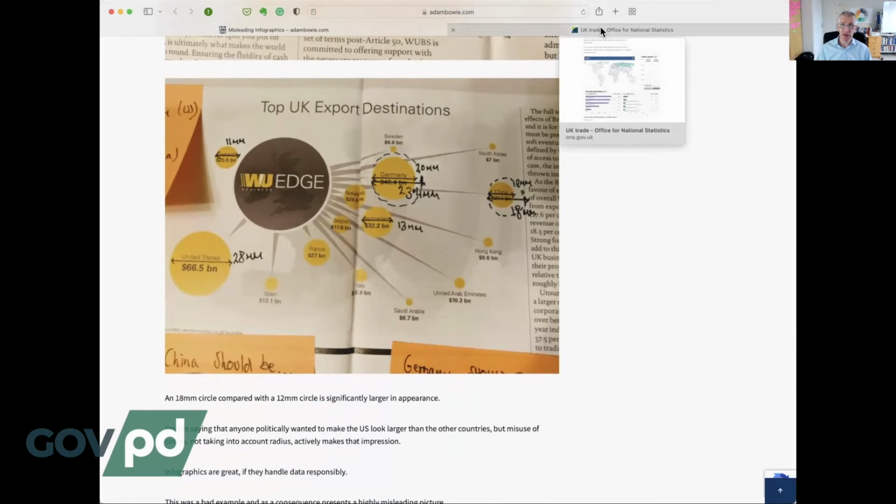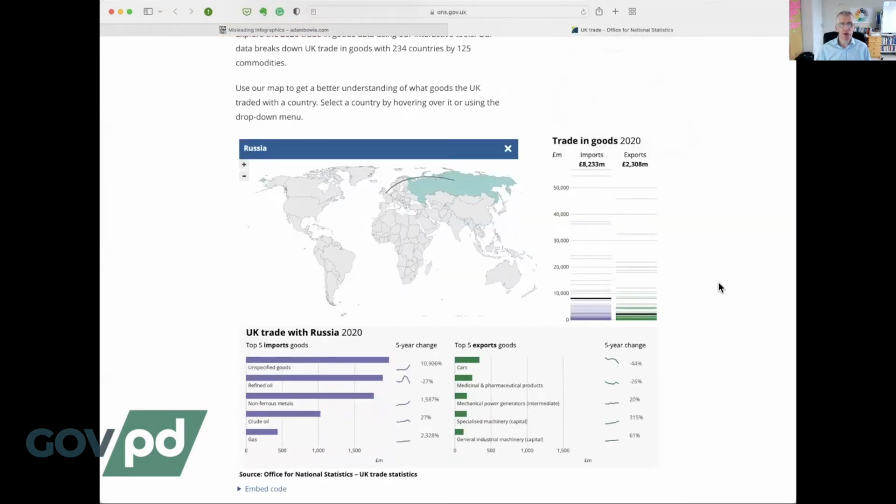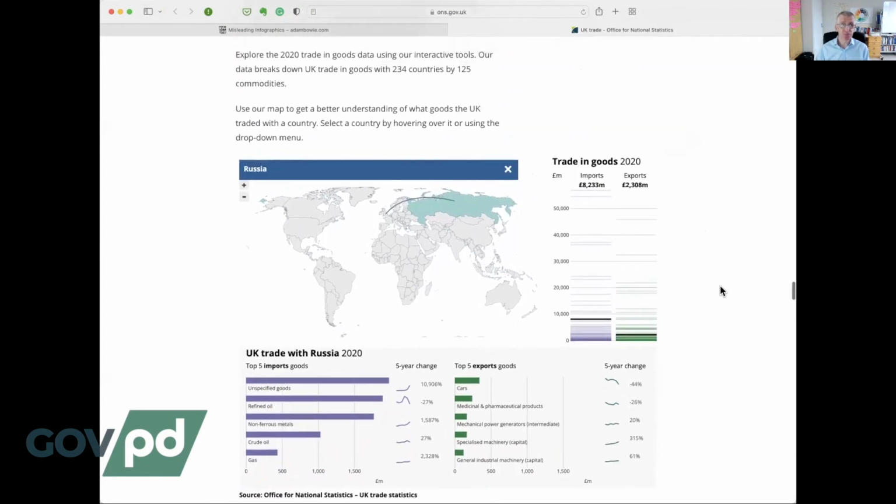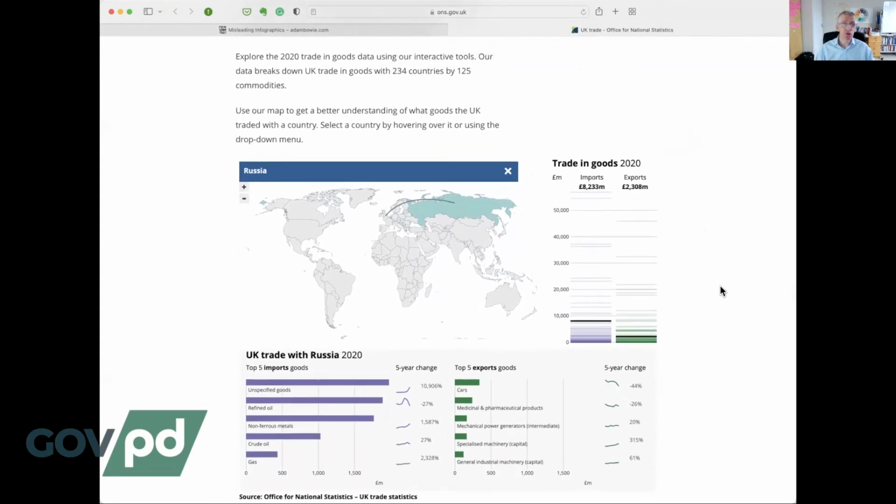As a more positive example for you, I went and had a look on the ONS's site. Lots of good examples of data visualization the ONS produce on their site, the Office for National Statistics in the UK. And here's one I chose just because it chooses to use other graph forms for the same data encoding. So it's looking at exports from the UK to different countries.